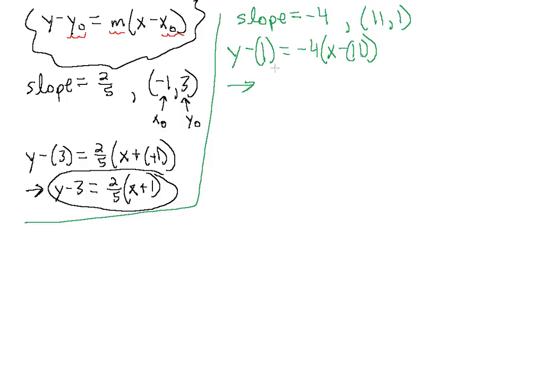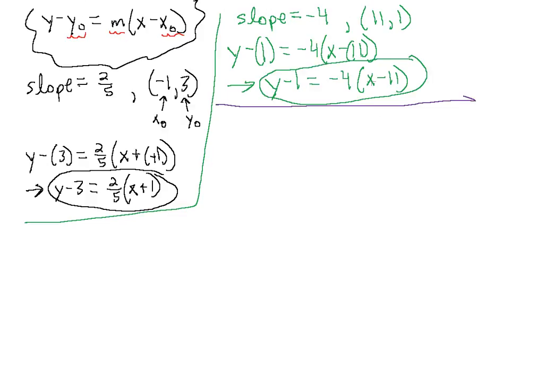We can simply drop the parentheses here. We have y minus 1 equals -4 times x minus 11. You can quickly see why I say this is the simplest case when we're given a slope and a point, writing an equation in point-slope form.